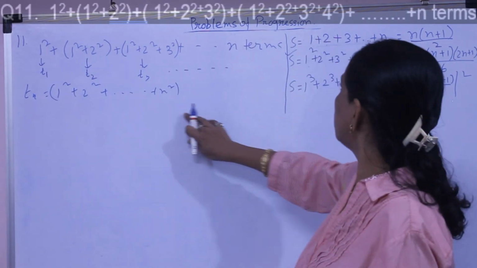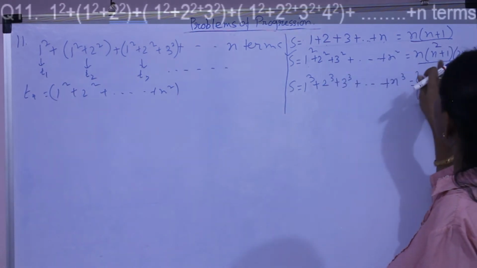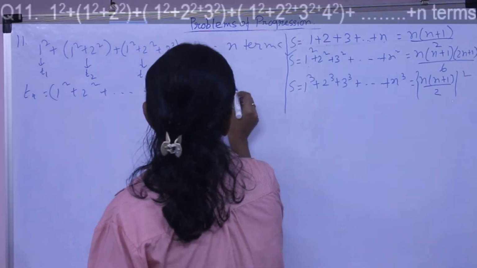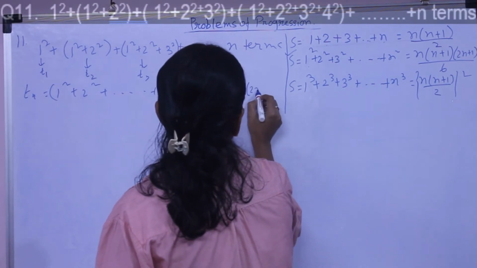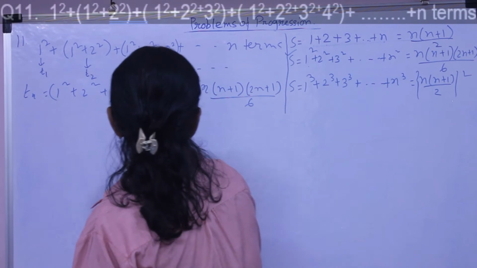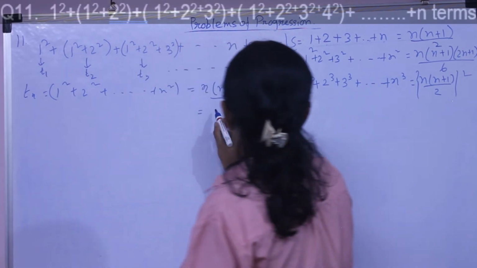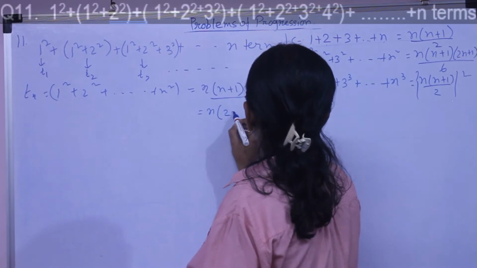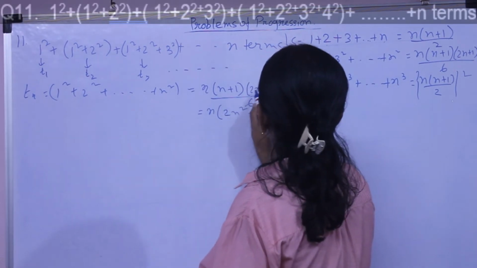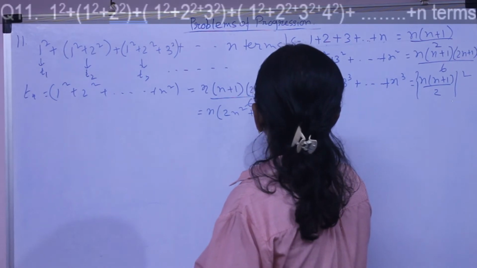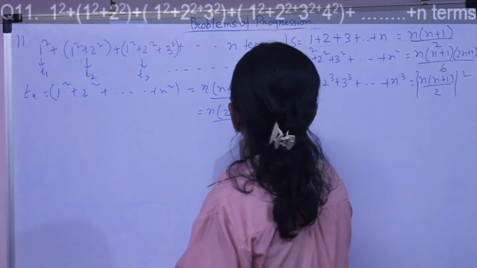So what is the value? The value is n into n plus 1 into 2n plus 1 by 6. So how much is this? n into 2n square plus 3n plus 1 by 6.